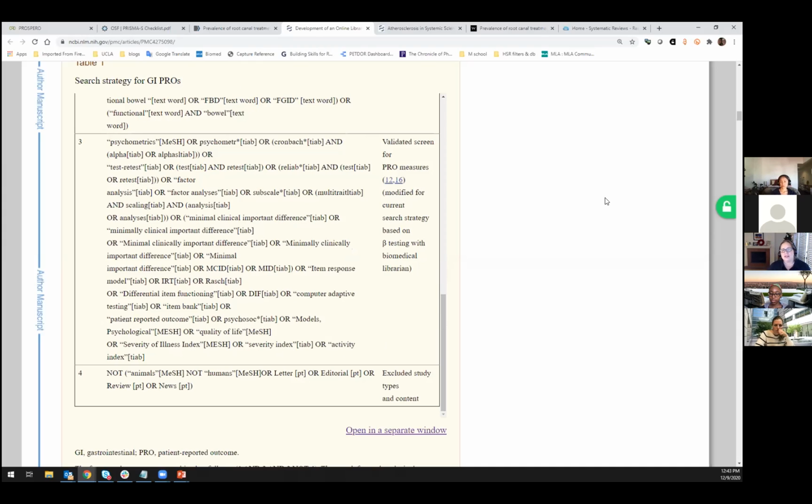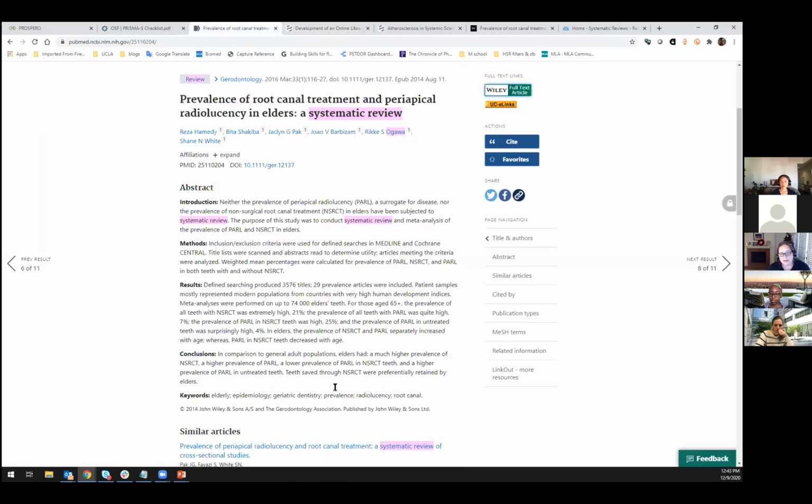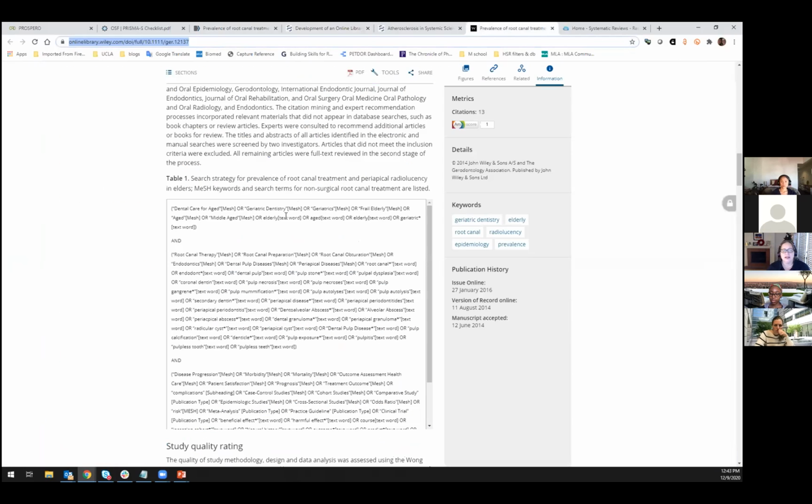Instead of going through all of them, I'll pick a pretty simple one. Here's one that was a little bit more complicated. This was a study on root canal treatments for elderly and a particular type of comparison of treatments.